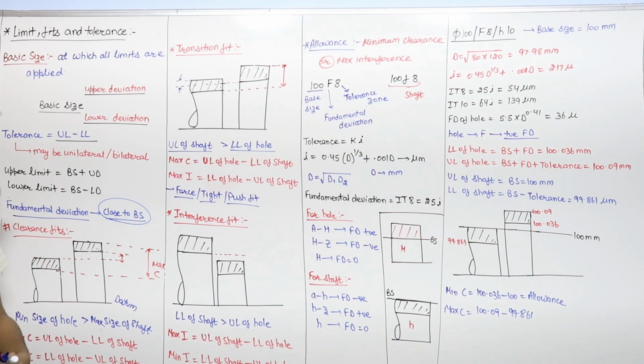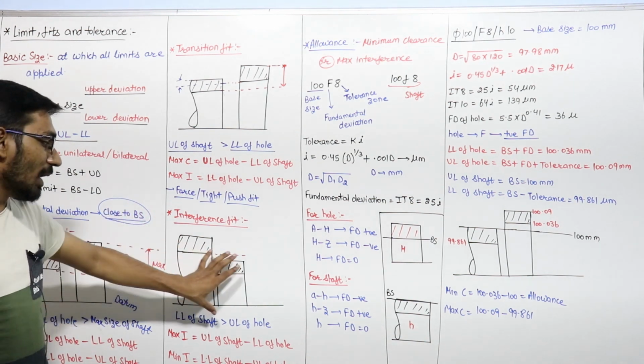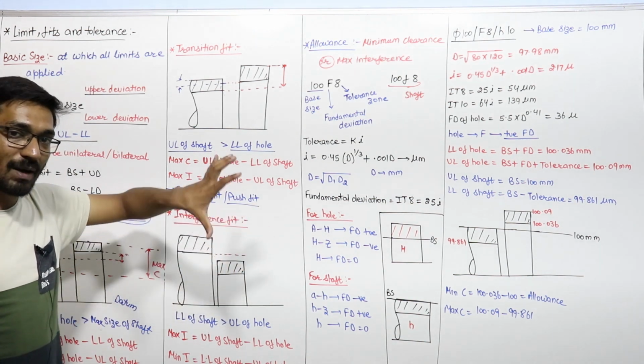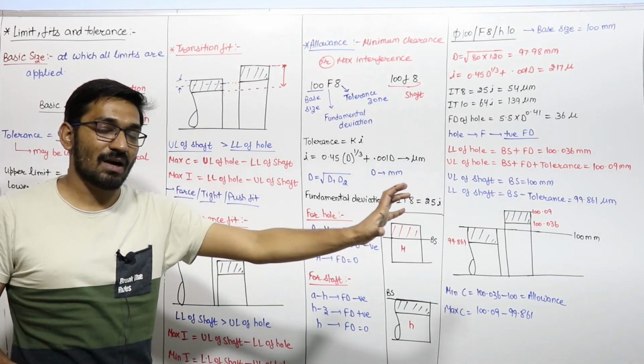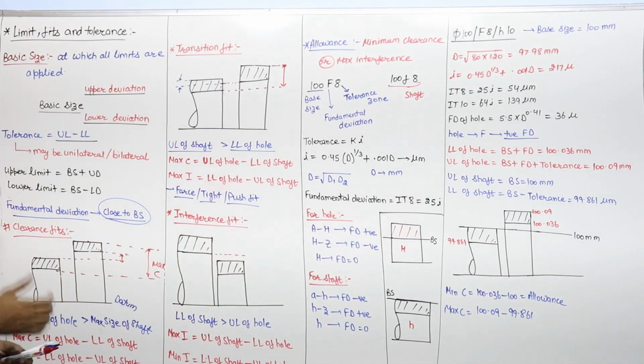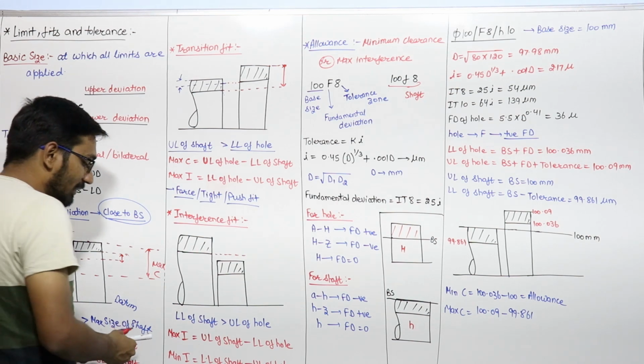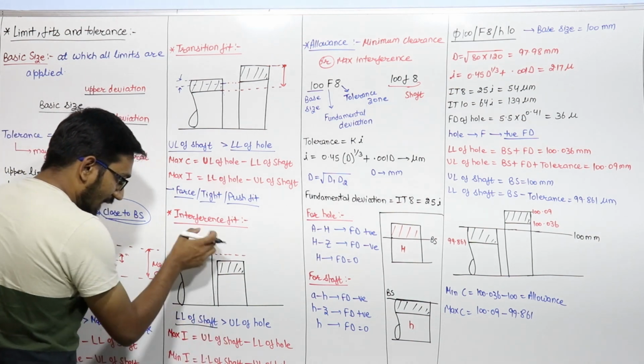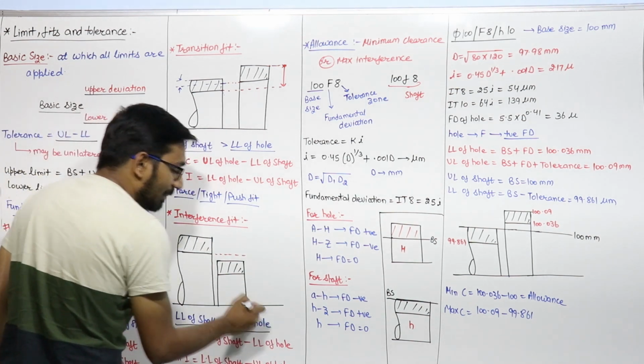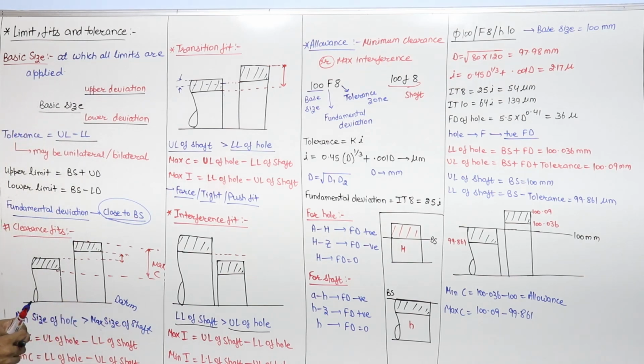So interference fit का मतलब कि अगर होल का मैक्सिमम साइज भी लेंगे, then also this shaft is not able to go inside the hole. So this is the case when your lower limit of the shaft is greater than the upper limit of the hole, then that fit is known as your interference fit.